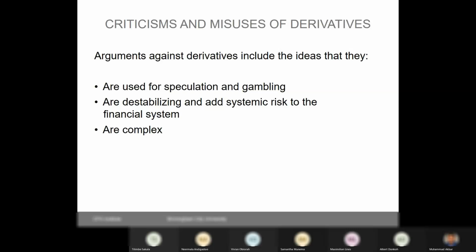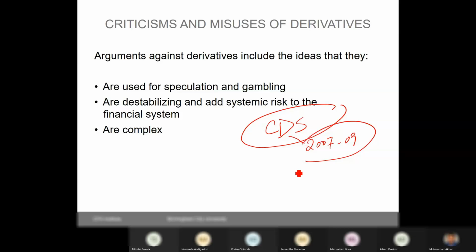They are considered to be destabilizing the financial markets and adding systematic risk to the financial system. Yes, of course, that was one of the reasons, and I would recommend you read about credit default swaps and their role in the 2007 to 2009 financial crisis. Tomorrow, when we have the drop-in session, we are going to cover all these aspects.